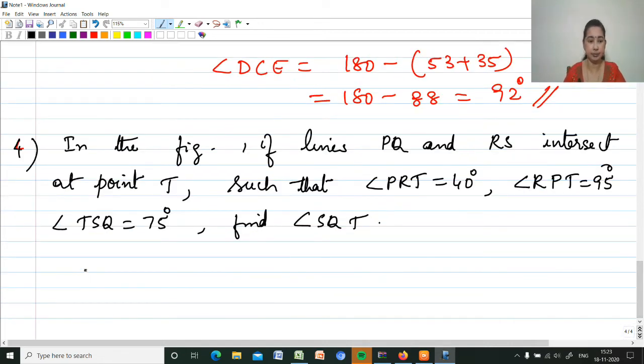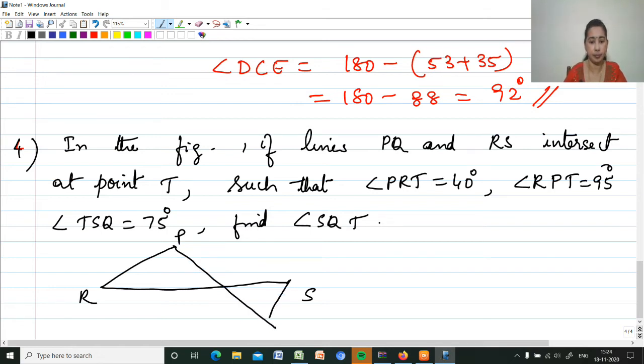The figure is given. RS, this is R and S, and this point is P. This is Q. This is T, and this angle is 40 degrees, and this is 95 degrees.